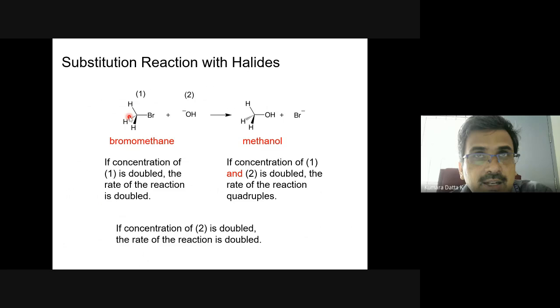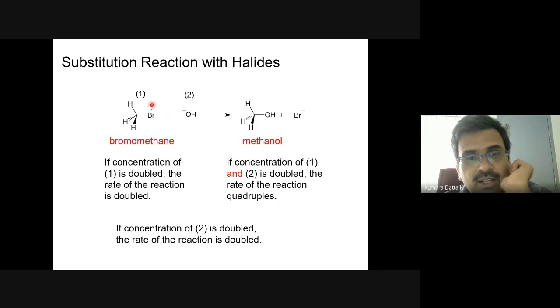If you take methane, that is bromomethane, you remove one hydrogen and put bromine, and bring a hydroxyl group like a base, NaOH, potassium hydroxide or water. What happens is, we are looking at substitution. So bromine is being substituted with hydroxyl group and bromine leaves. So we get methanol from bromomethane if you take any base.